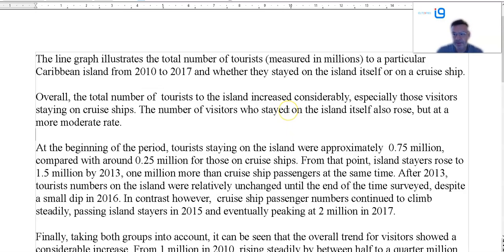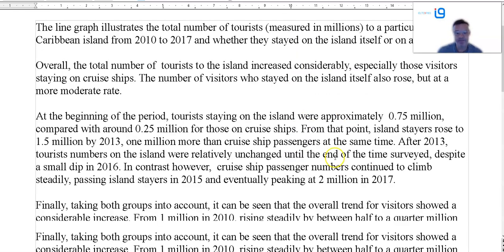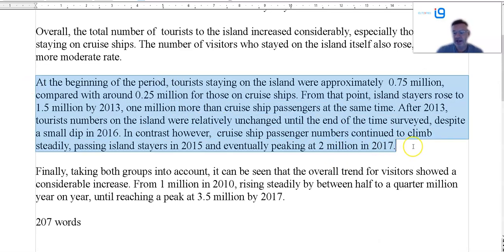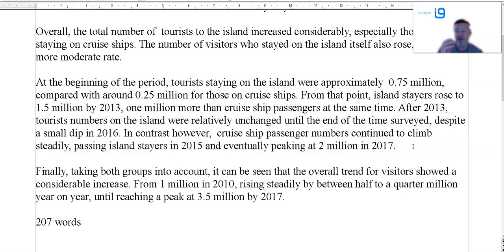Okay. Anyway, I'm not going to read it all. You can read it here. I'll just scroll down so you can see it. Well, as you can see here, most of the data, island stayers, those on the ships. What are the figures? In 2010 it was this, then 2013 it was that, and then it passed in 2015 and it finished in 2017.